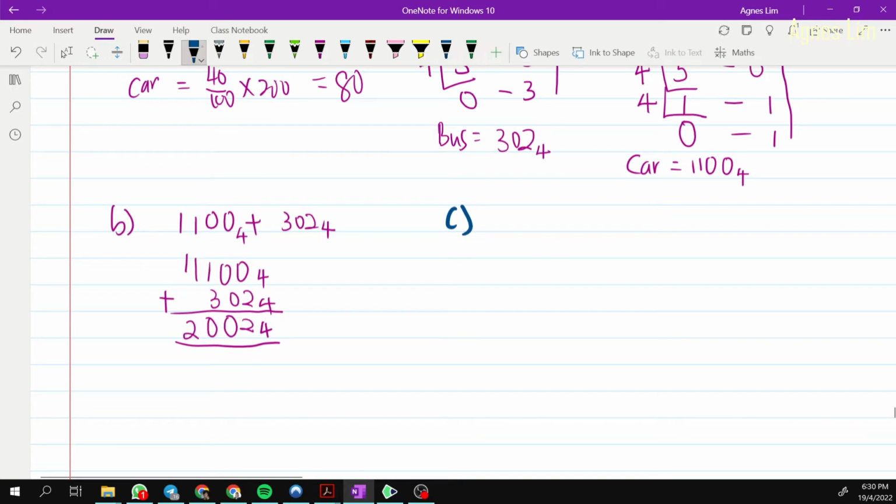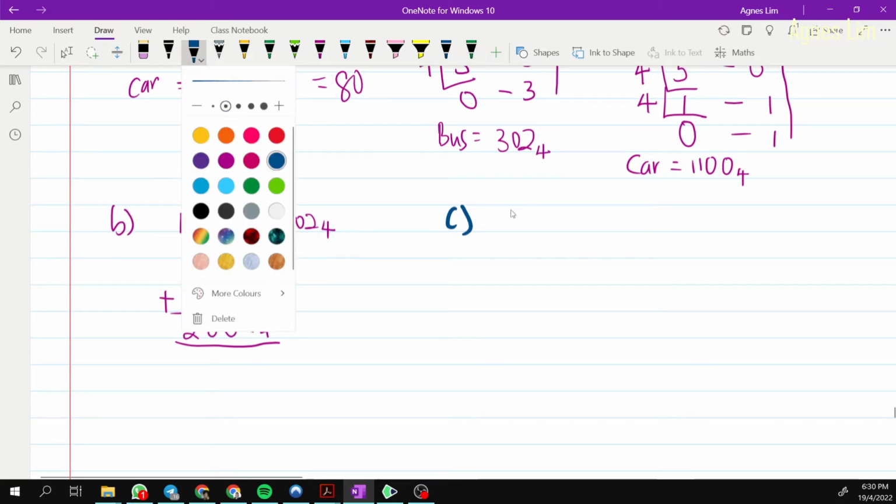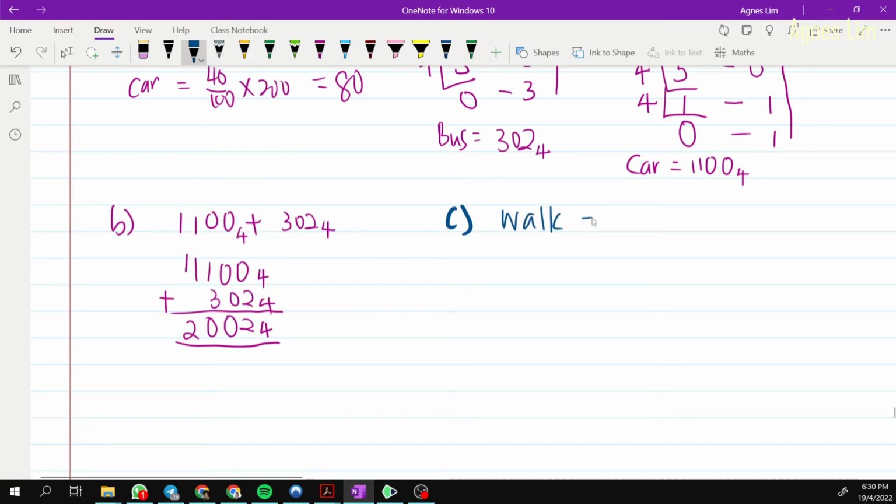So walking, we got 17% out of 200 students. You have two ways: you can convert it first, or you can directly minus. Shall we do the directly minus? Oh, no, we need to find how much first.